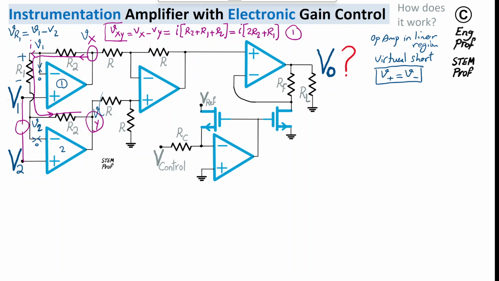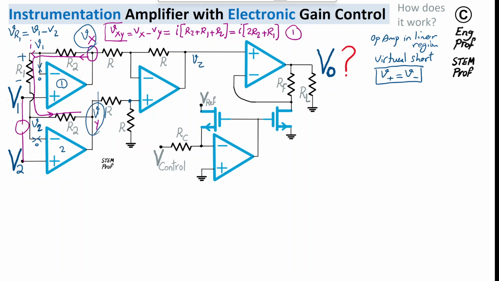But let me avoid making any assumption about this differential amplifier, and I'm just going to use a combination of KVL and KCL to quickly show the output here, Vz, as a function of Vx and Vy.